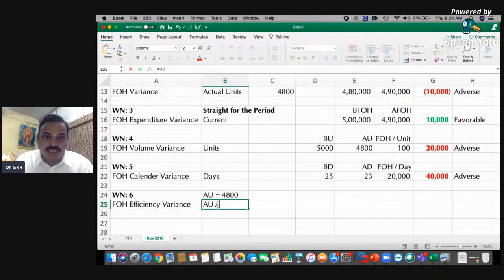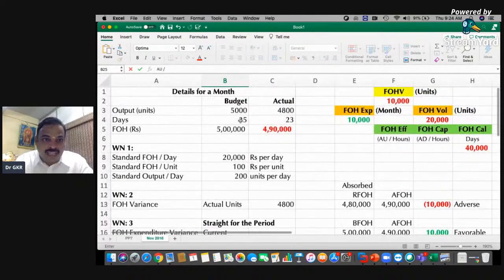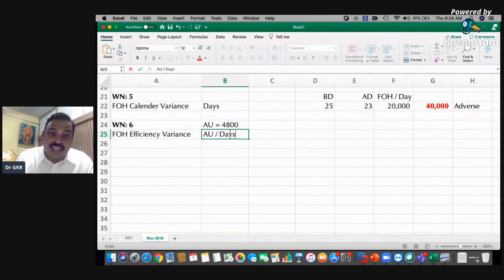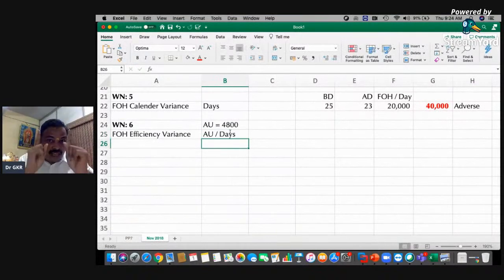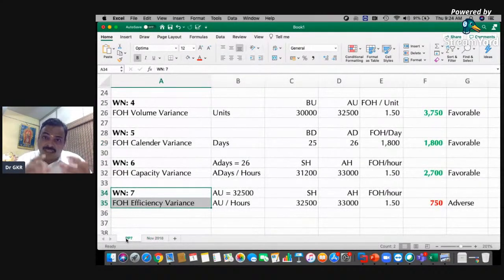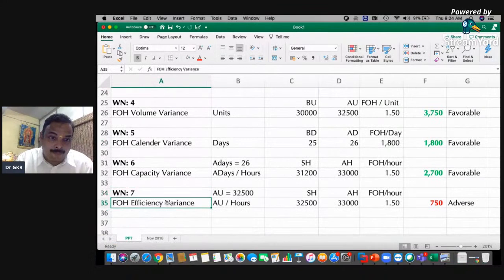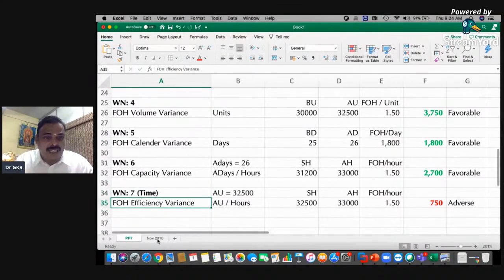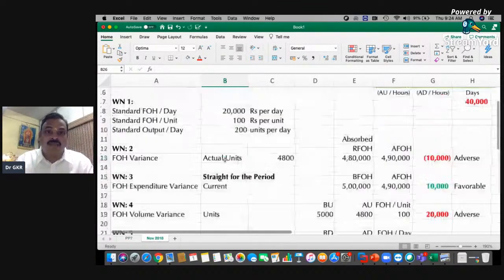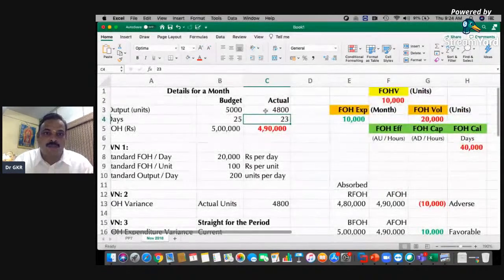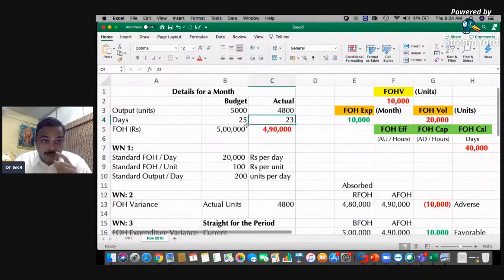Actual units with respect to days is there. Days is also time only, no? So I will take days. Very important, please be careful: efficiency is always with respect to time. Here time is given, instead of hours they have given days.